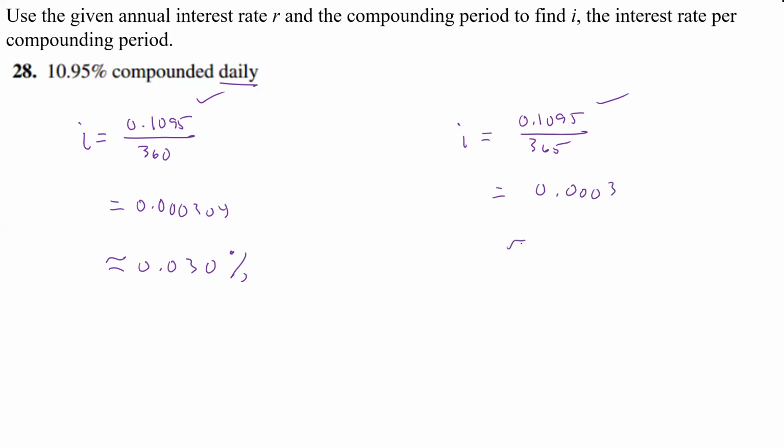And so that's going to give us approximately 0.03%. This one terminated there, so really we can't go any further than that. So they're both approximately 0.03%. Okay, so either way it works out. This one, as you can see, has a little bit higher number here, so it's actually a higher rate there.